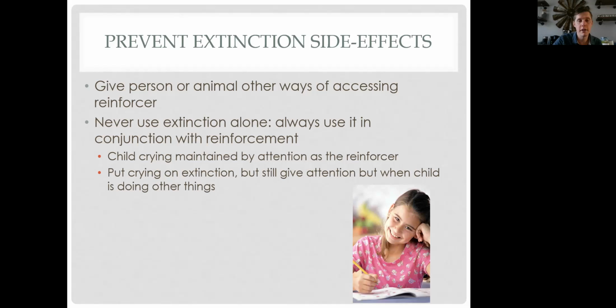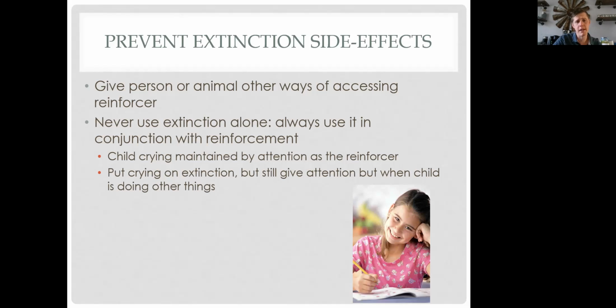But if you give them an alternative, like if you teach them to sit for attention beforehand, then when you're implementing extinction, they have an alternative behavior they can engage in, like sitting, that you can then reinforce with the attention. So they still have the same access to the attention. It's just now you're shifting behavior from one type to another that might be more appropriate and easier to manage.